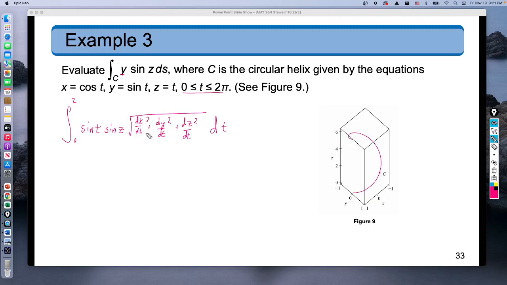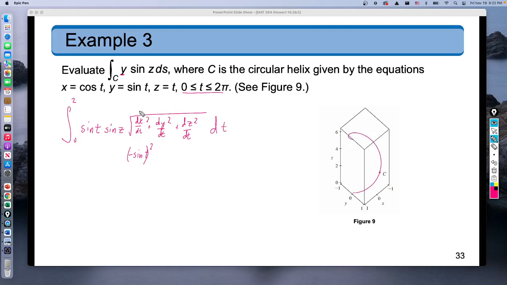So let's get this integration, this part inside here. What's dx dt? Well, dx would be minus sine t dt, right? And we're going to square this, so that'll become positive.